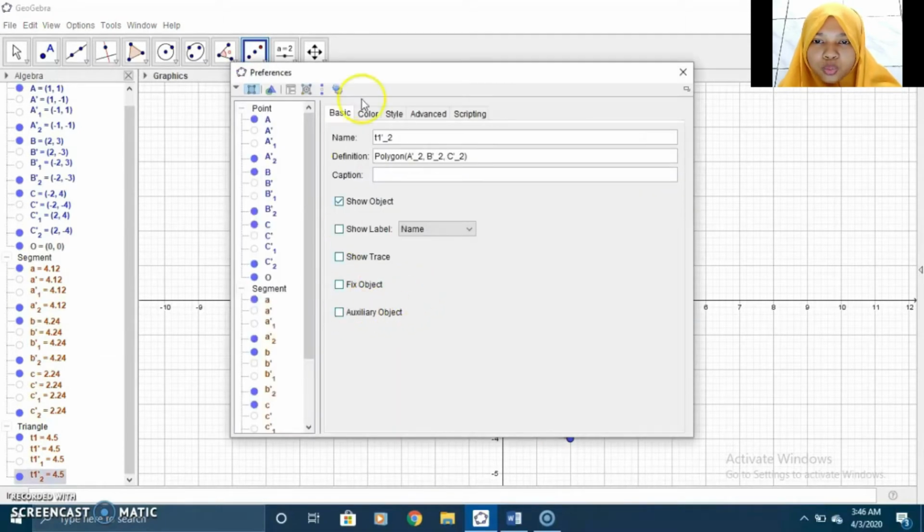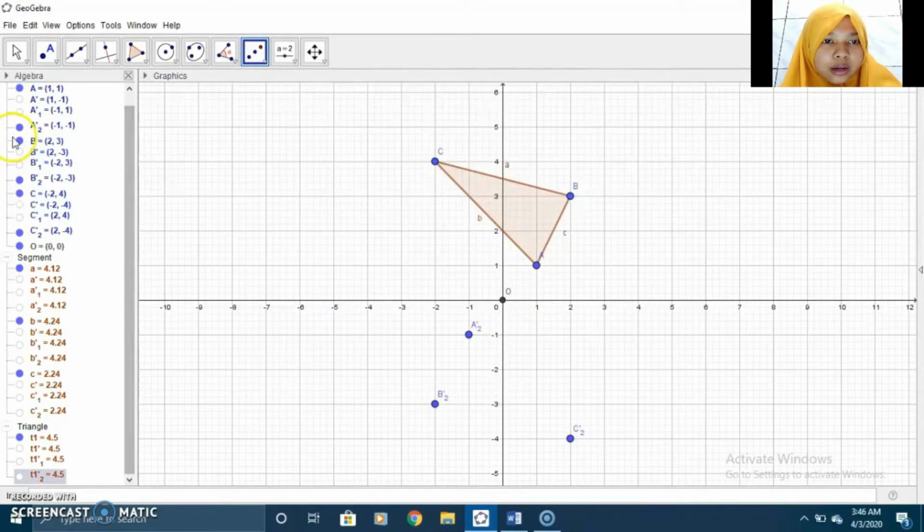Okay, we unshow the objects. Okay, and unhide all the points A2', B2', and C2', and also point O.